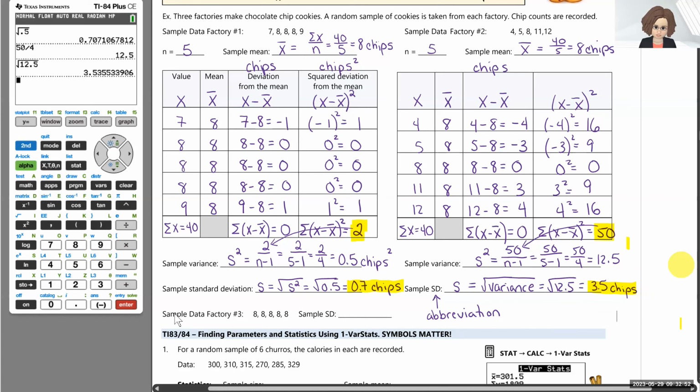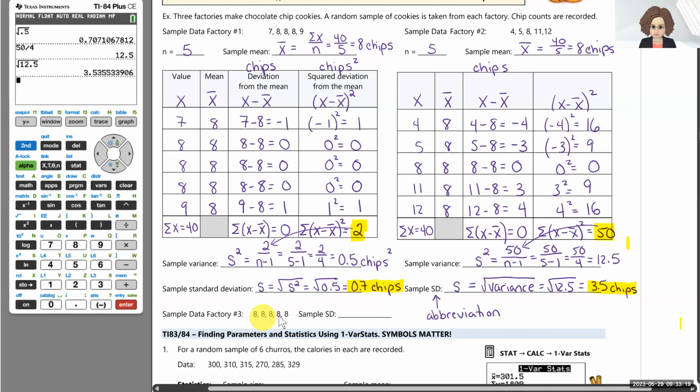Now let's do one last factory. So what if we have a third factory and every single cookie sampled here had exactly 8 chocolate chips? So rather than creating a whole new table, I'll just focus here on an 8. So if all values in the table were 8, and the mean of that sample, of course, would be 8 because they're all 8s.